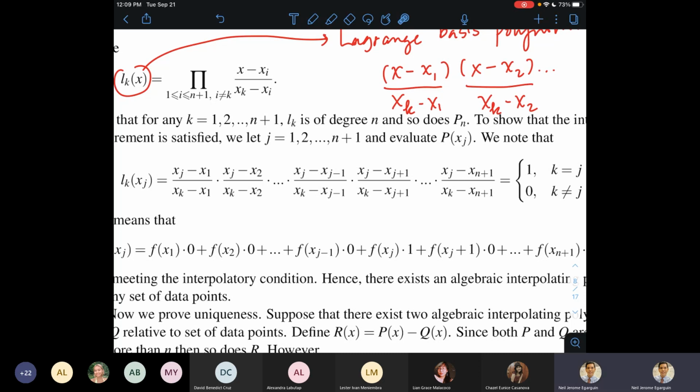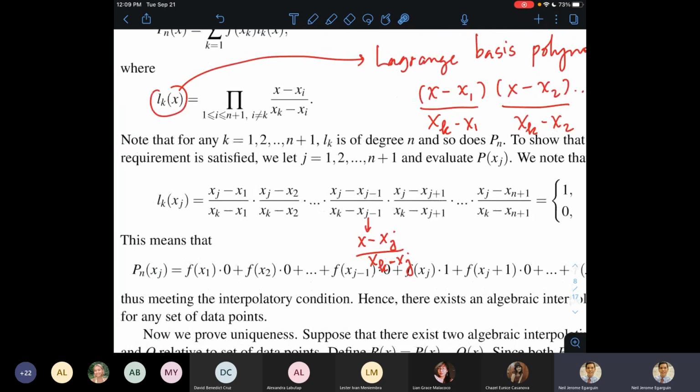Alright, so if k is not equal to j, ibig sabihin meron dito na x minus xj over xk minus xj. Tama? Kasi sa Lagrange basis function, kapag si i ay not equal kay k, meron kang factor na ganito. So if j is not equal to k, then L sub k will have this such factor.